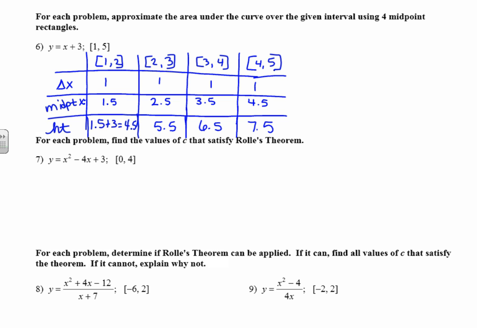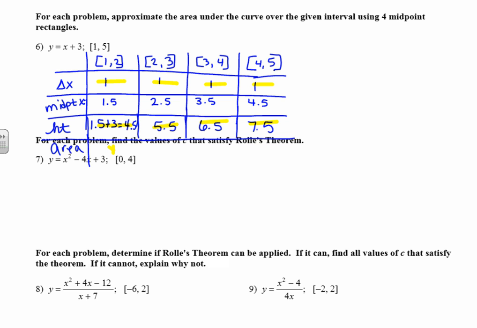Those are the heights. Now I can get my area. Area is simply length times width. So I want to calculate width times height. Well, 1 times anything is going to be itself.